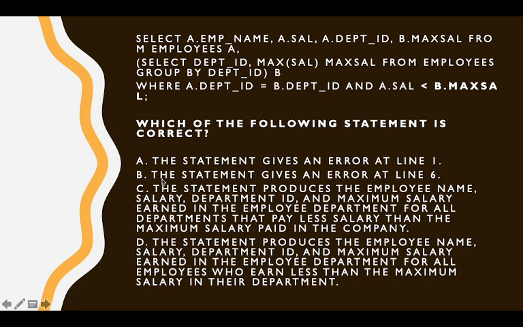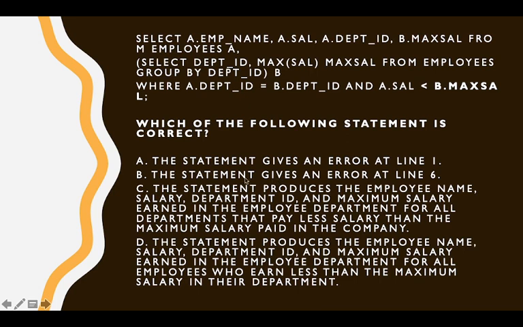Then we are talking about the statement giving an error at line 6, which is basically the last line that we have. So there's no error here as well. We are just saying that A department ID should be equal to B department ID, and the salary of A, that is your initial parent query, should be less than the maximum salary from your subquery. So there's no error in that as well.